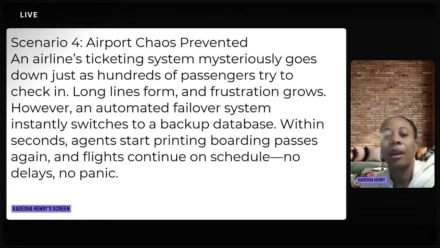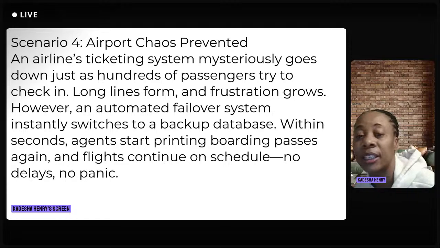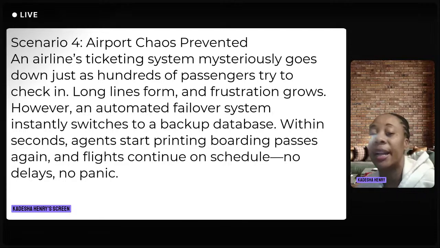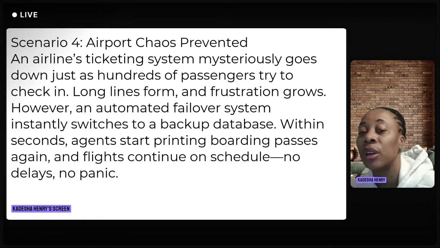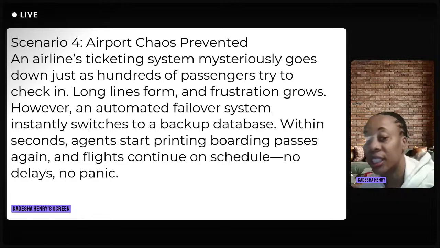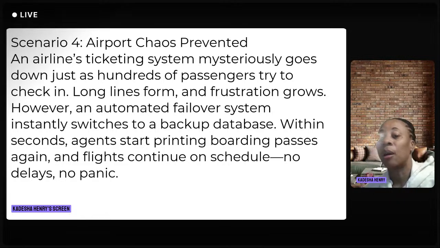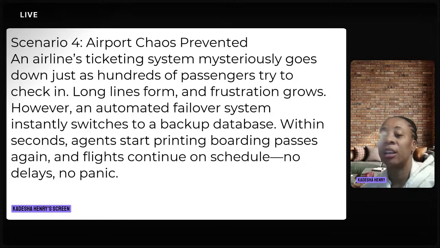So let's look at another one. Airport chaos prevented. An airline ticketing system mysteriously goes down just as hundreds of passengers try to check in. Long lines form, frustration grows.